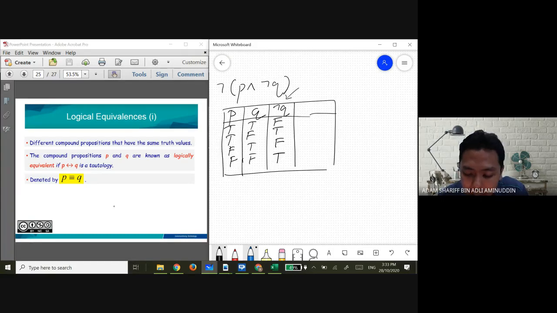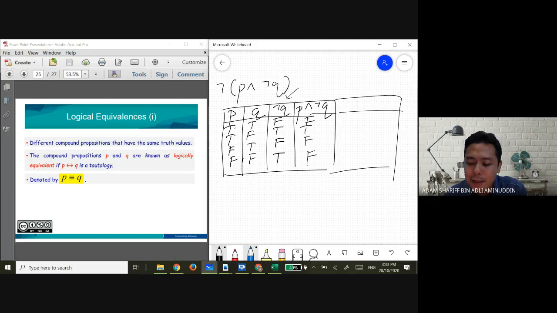Okay, now we proceed with P and not Q. We did this earlier, but we repeat it. T and F will be F. T and T will be T. F and F will be F. F and T will be F. Now we can open the bracket, not P and not Q. So it will be the negation from the fourth column.